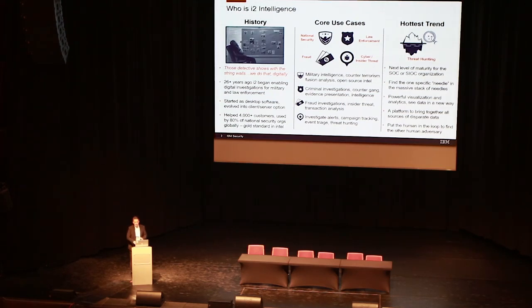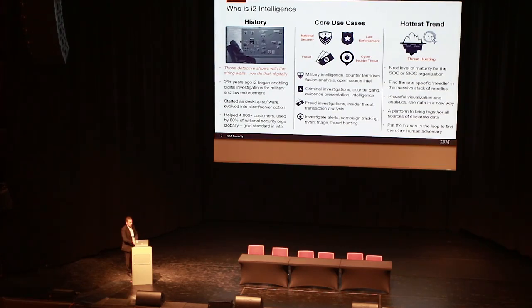And this is what i2 does digitally, connecting the data points in certain graphs and visual tools to enable the investigator to catch the core of the threat. i2 started 26 years ago at the London Police. Originally it was a desktop solution, helping the investigators to do digitally the very same thing they did previously on the wall, connecting the artifacts with strings.